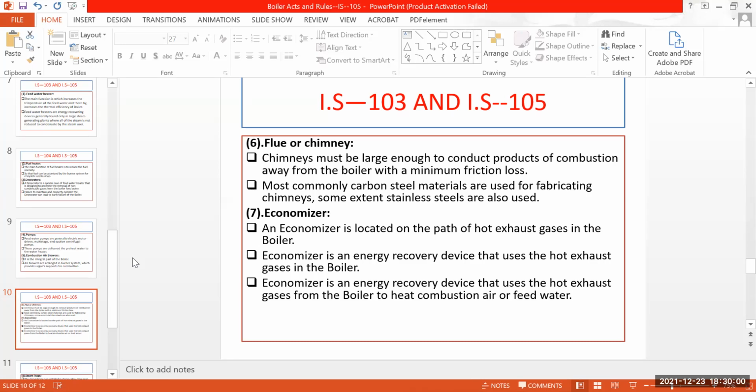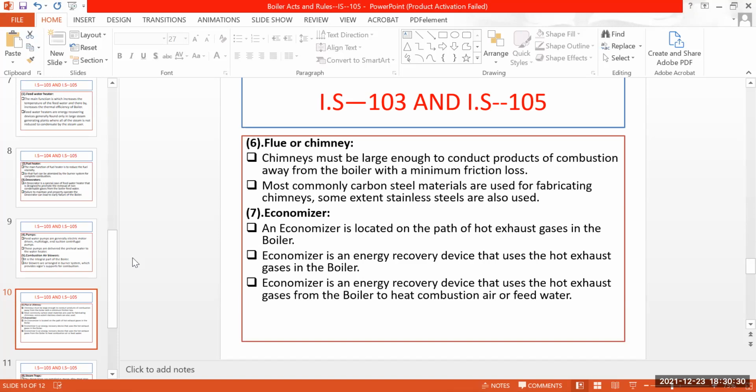In case if it's going inside, there will be chances of fire due to the extreme heat and everything inside. For that one, combustions away from that one, and minimum friction loss. And most commonly, carbon steel materials are used for fabricating chimneys. To some extent, stainless steels are also used.